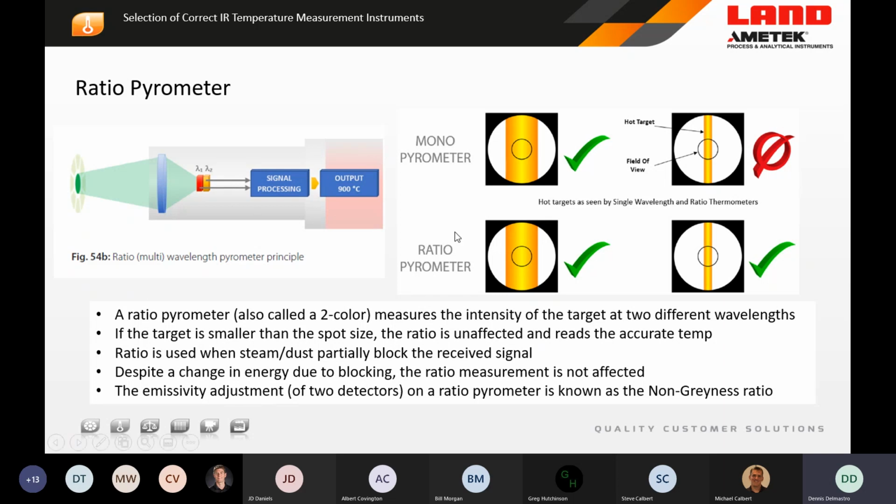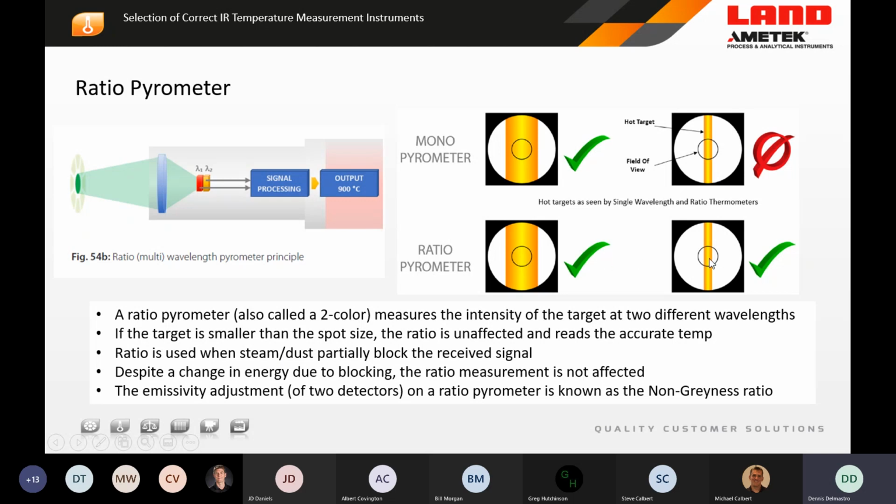Now, if the target is smaller than the spot size, as I just mentioned, like with a monopyrometer, if you fill the complete spot, no problem. But if you do not fill the complete spot size, you'll have an error. So that's where you shift over to ratio pyrometers, where if it's completely filled, that's no problem at all anyways.